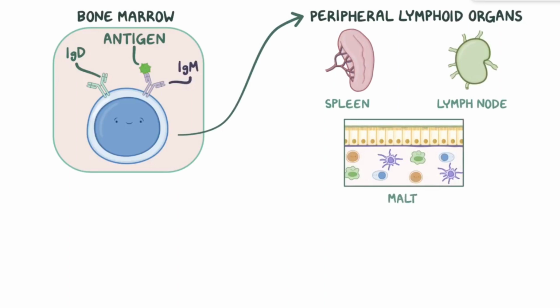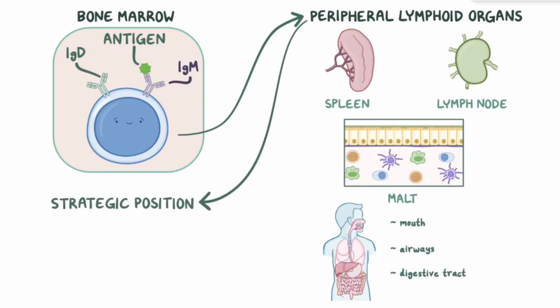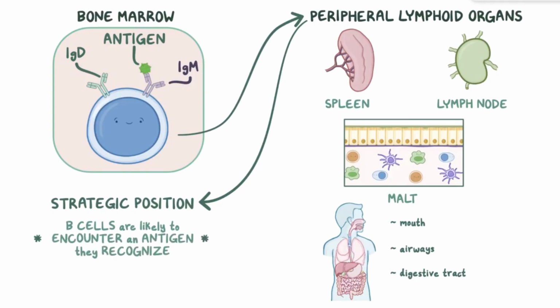MALT is composed of clusters of lymphoid tissue scattered under the mucous membranes lining the mouth, airways, and digestive tract. This is a really strategic position, because a variety of antigens are constantly being picked up and filtered from these body tissues. As a result, B cells are likely to encounter an antigen they recognize. A bit like spending time at a train station during rush hour to look for someone that catches your eye.